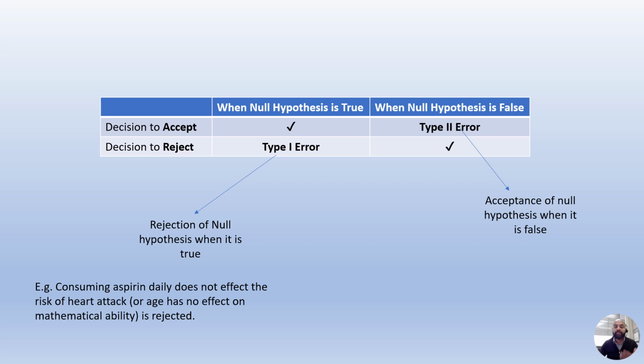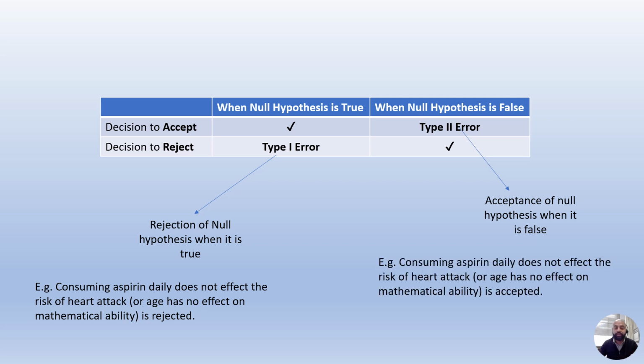And similarly, you accept null hypothesis when it is false, where the example would be that consuming aspirin does not have any impact on the risk of heart attack, and you accept it, whereas the opposite could be true.